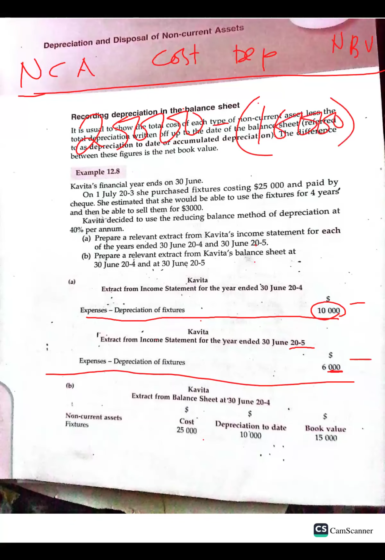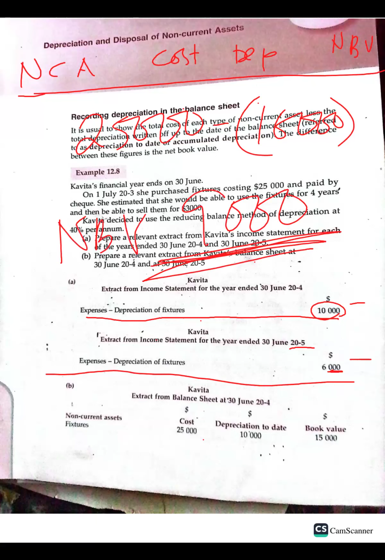You deduct that, and you remain with 9,000. So this 9,000 again is the net book value. That's the value of the asset in 2026. Then you do 40% of this. It will give you the depreciation for 2026, and you record it just like that.